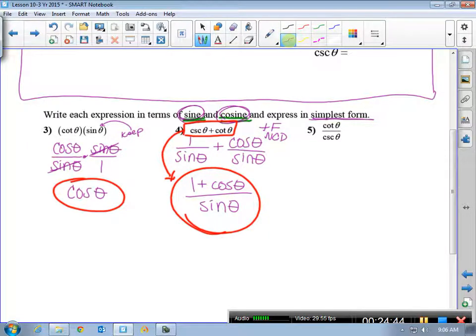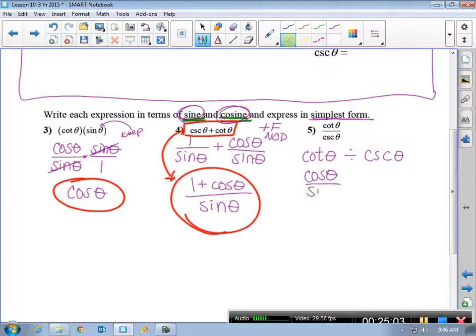Anytime I'm given a division problem, I like to recommend that you first write it out like this. Proceed cautiously here. So we have cotangent divided by cosecant.